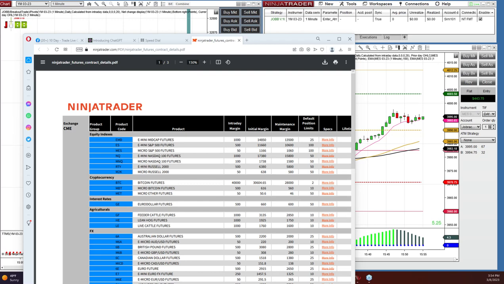Why would you want to cripple yourself as a trader so that every time you trade, you have to worry about how much money you have in your account? The correct question is, what's the most amount of money I can afford to put in my account?